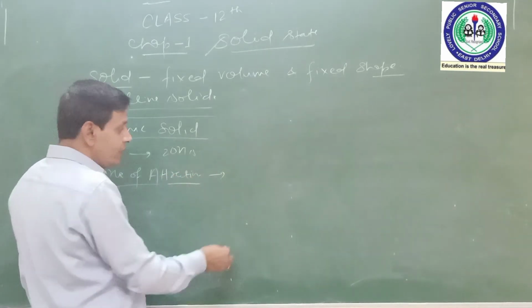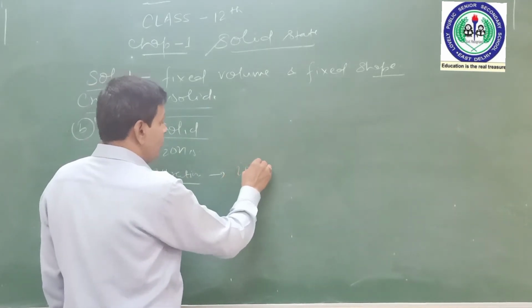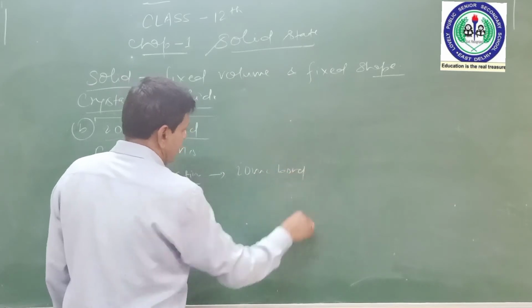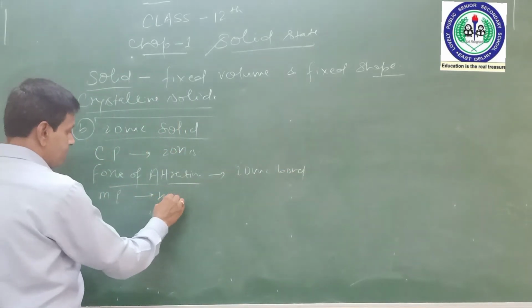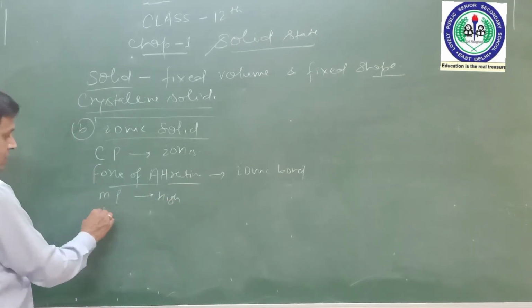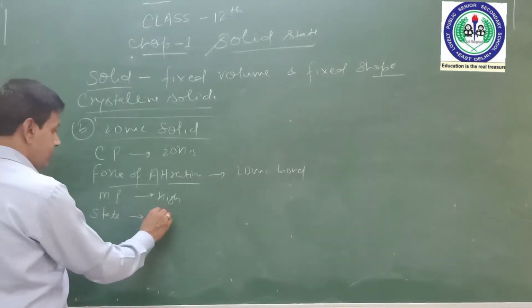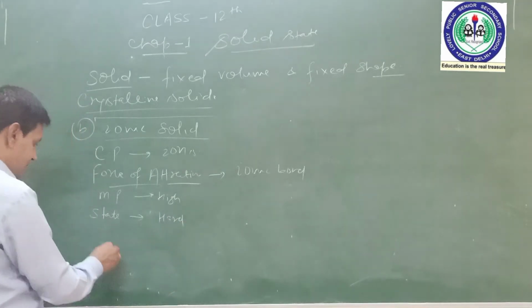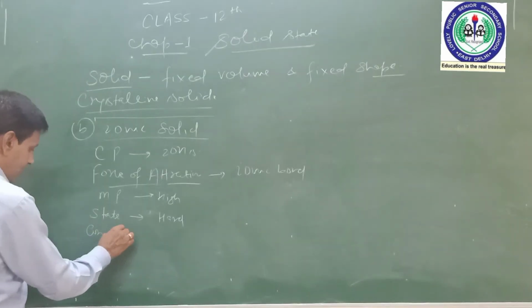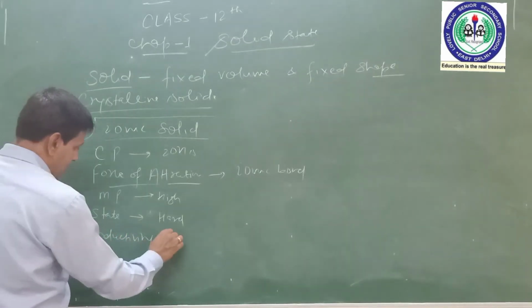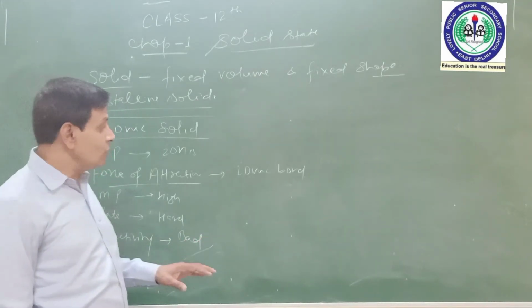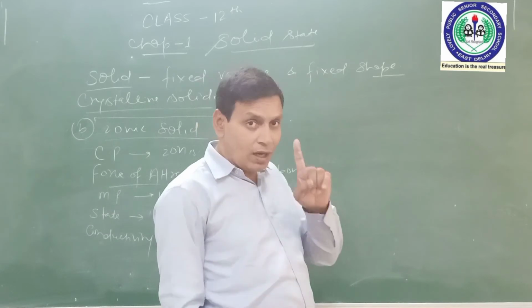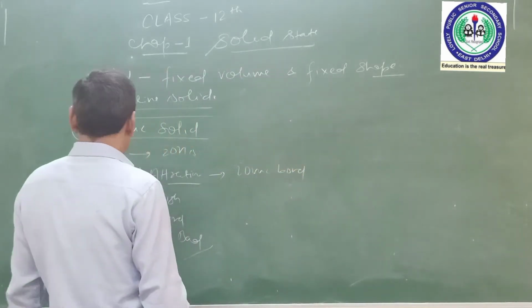Force of attraction will be ionic bond. Melting point is high. State is generally hard, and conductivity is bad conductor. All types of the solid are bad conductor except one, which I will explain in detail.